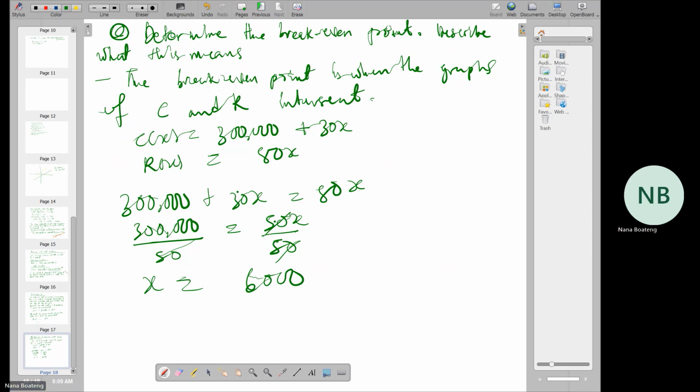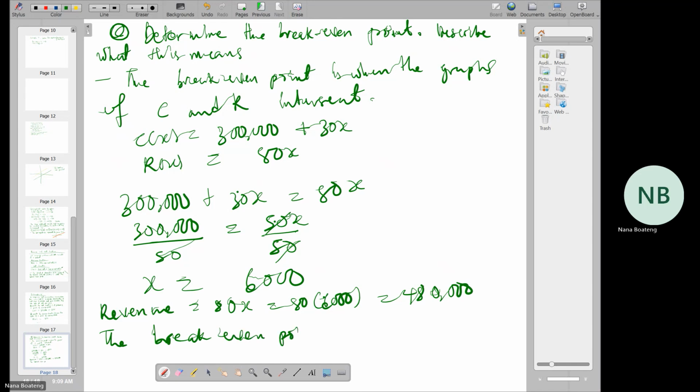At the break-even point, the number of units sold is 6,000, and the revenue at the break-even point is equal to 80 times X, so 80 times 6,000, which is 480,000. So at the break-even point, the number of units is 6,000 and the revenue is 480,000.